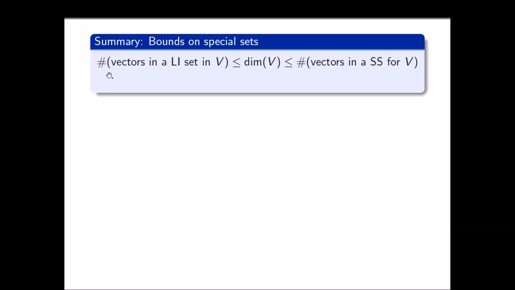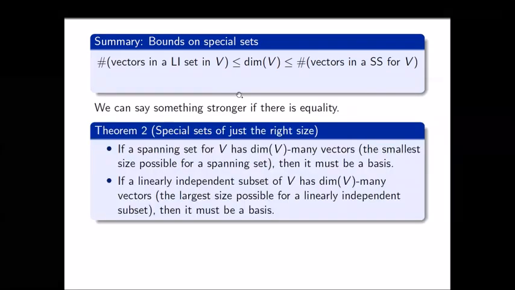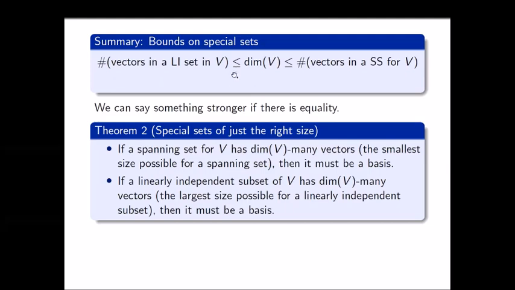This is just an equation that summarizes what we've seen so far, that the number of vectors in a linearly independent set in a subspace is going to be less than or equal to the dimension of the subspace, and the dimension of the subspace is going to be less than or equal to the number of vectors in a spanning set for V. So if these inequalities actually happen to be equalities, that is, if you have a linearly independent set which has dimension V many vectors in it, or a spanning set that has dimension V many vectors in it, then we can make some stronger claims.